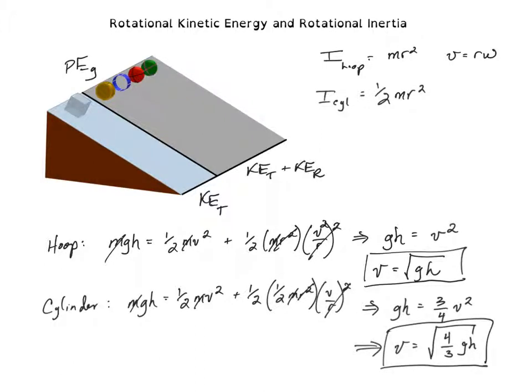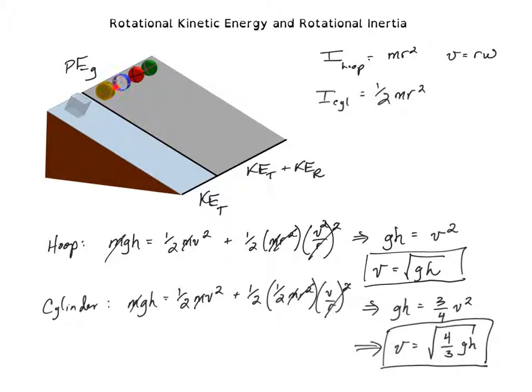So what are we seeing here? We're seeing that that cylinder is going to reach the bottom first because it has a greater translational velocity at the bottom of the ramp. Now, why is that? Well, the cylinder has more mass located around the center or the axis of rotation compared to the hoop.